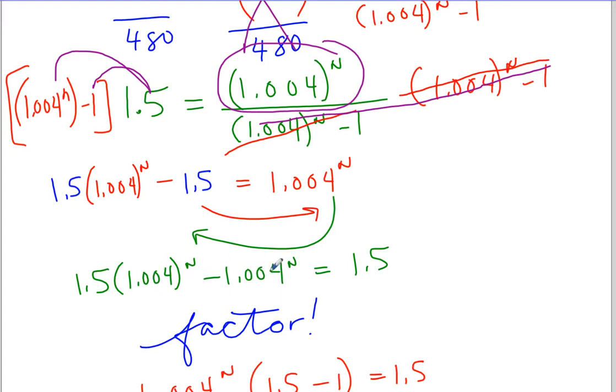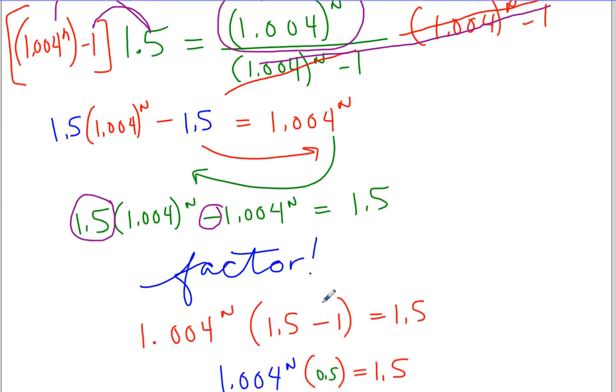So if I factor out 1.004 to the nth power, then I'm left with this, and the invisible 1 that I would get here. If I'm dividing both of these terms by 1.004 to the nth, then I'm factoring that out. This is my remainder, and a minus 1 is also my remainder.